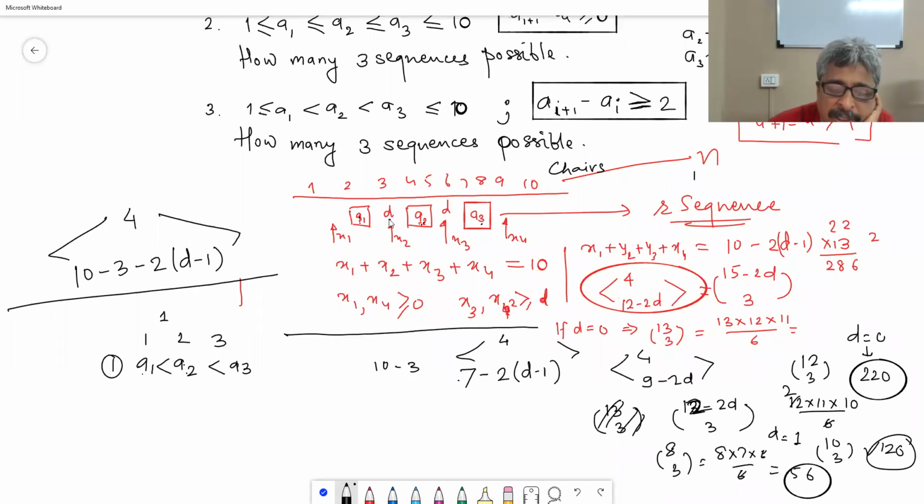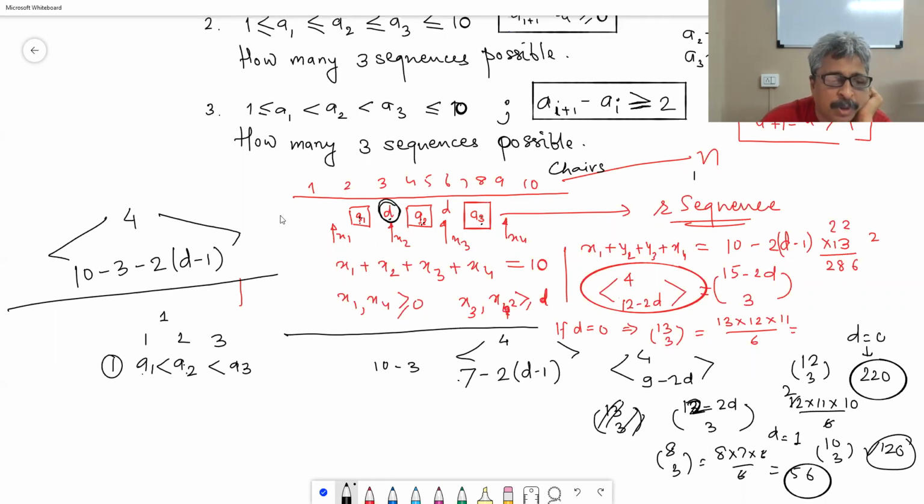Okay. So if 10 chairs are arranged in a row, A1, A2, A3, 3 persons are also arranged in a row. They are not going to permute amongst themselves. Not these 10 chairs are permuting amongst themselves. So in how many ways we can make sure that these 3 people occupy 10 chairs such that they have D number of chairs between them. So what is this D that we need to understand?